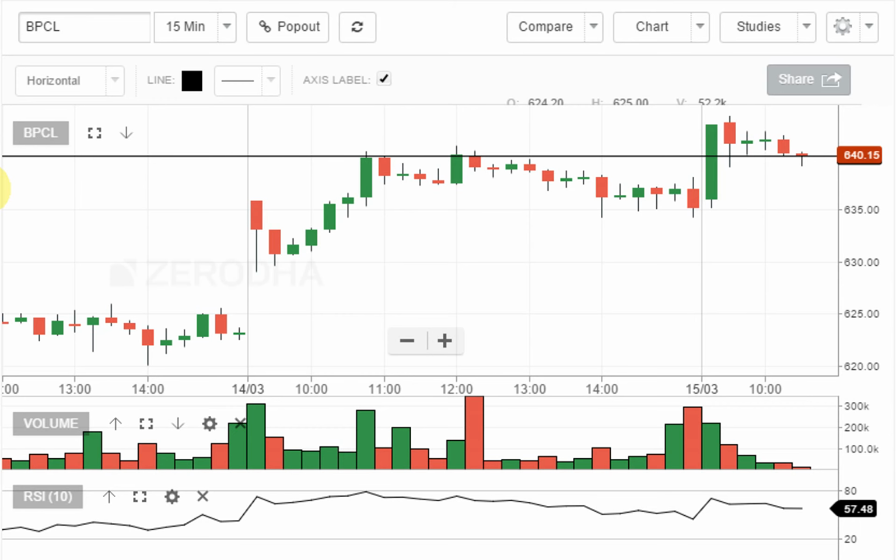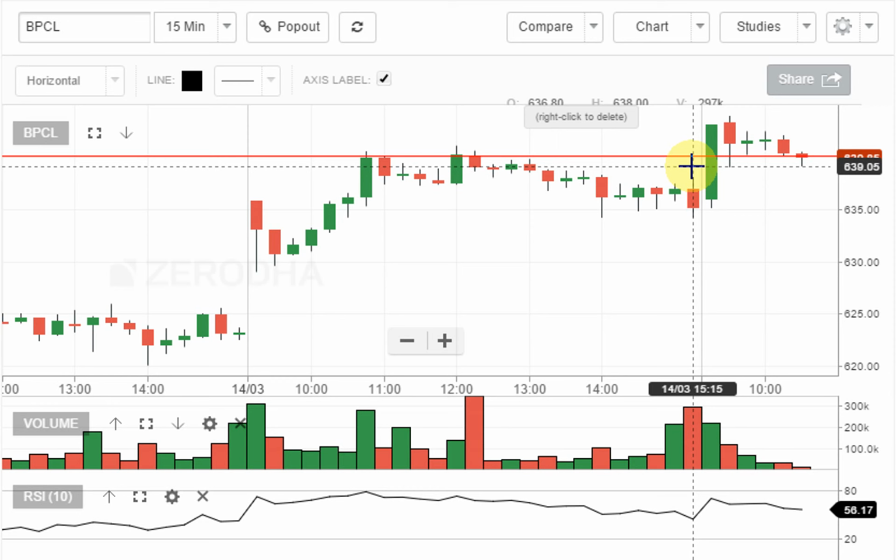Not that great an upside move, but yes, 235.7 points up. So BPCL 640.45.